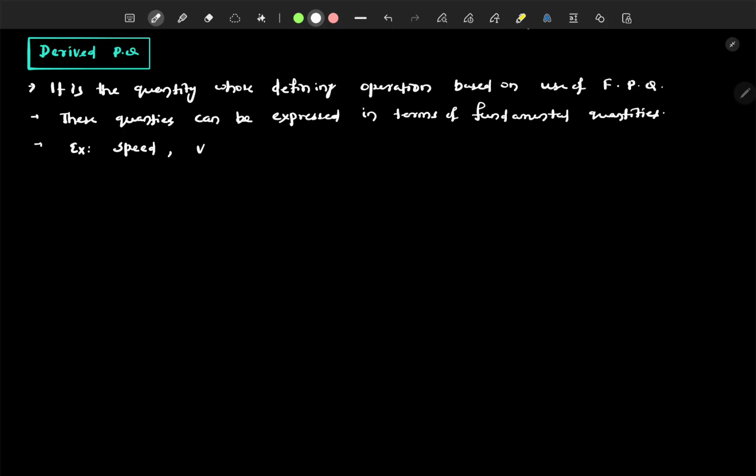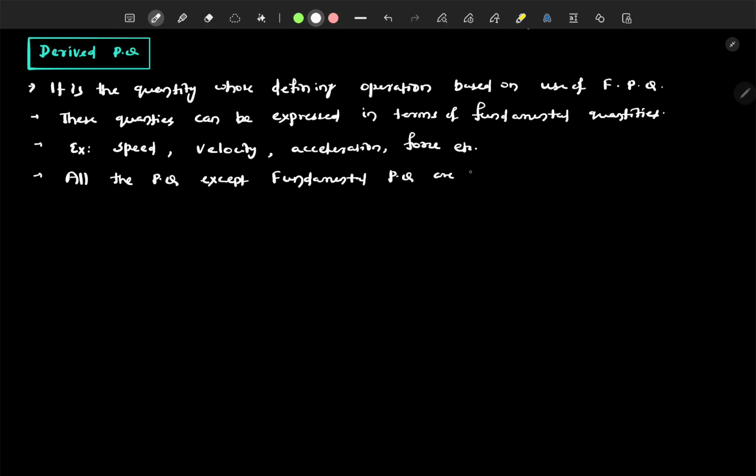Like this, speed, velocity, acceleration, force, all these quantities are derived. In a very simple way, all the physical quantities except fundamental physical quantities are derived quantities.